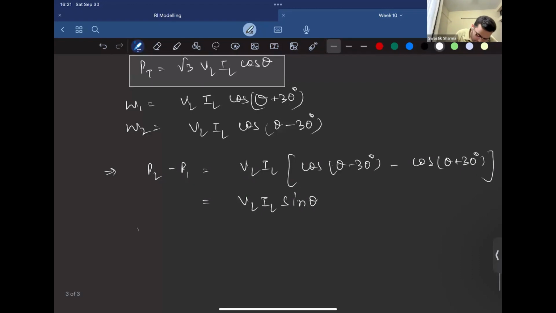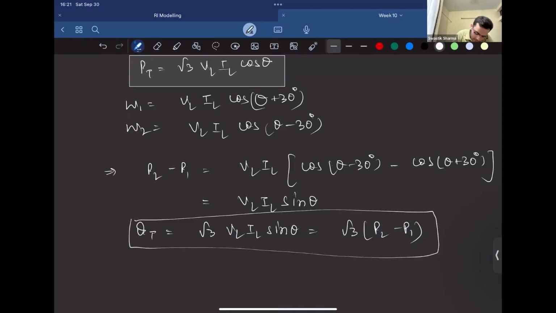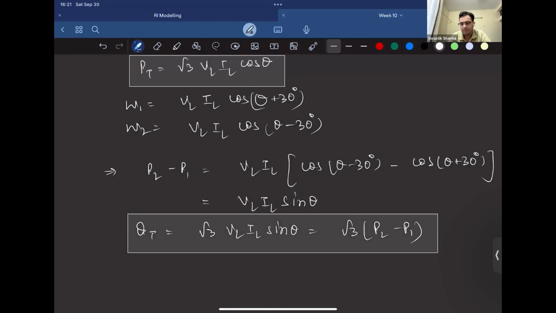So that means QT is what? Root 3 times VL IL sine theta, right? Which can be written as root 3 times (P2 minus P1). So with the same wattmeters, if you subtract those two readings and multiply by root 3, you can calculate the reactive power as well for the circuit.